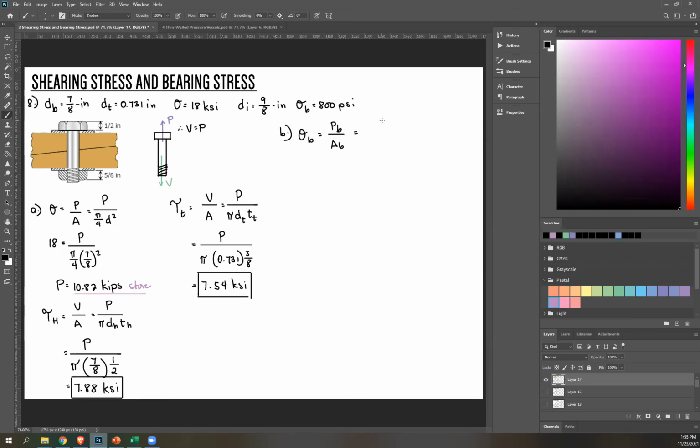So that's simply P. Now what about bearing area? Bearing area, if you remember, is just the contact area. A washer is a disc, so the contact area is simply the area of this washer. Recalling the area of a disc, that's pi over 4 times outer diameter squared minus inner diameter squared.